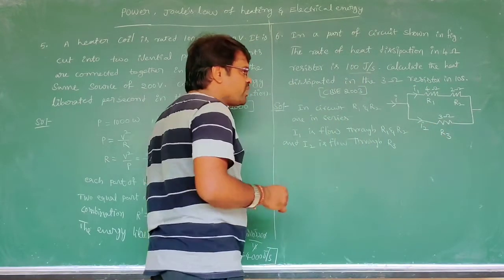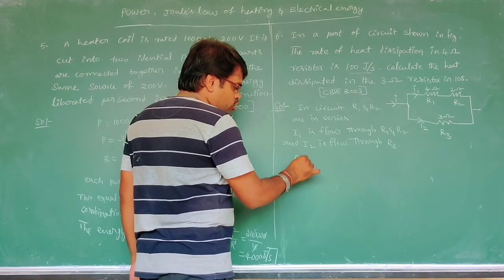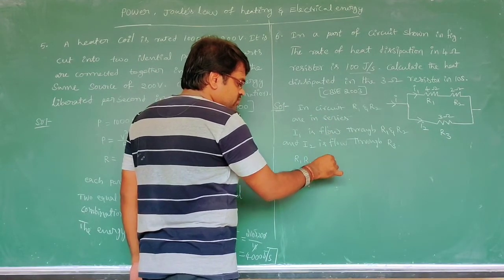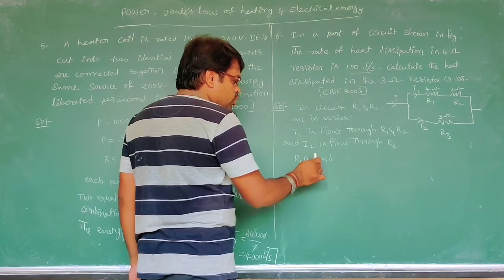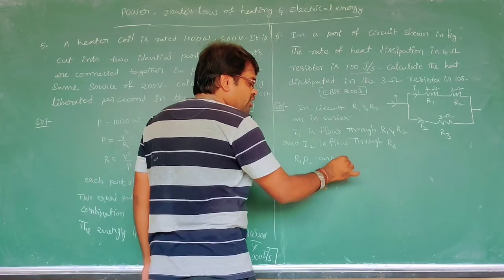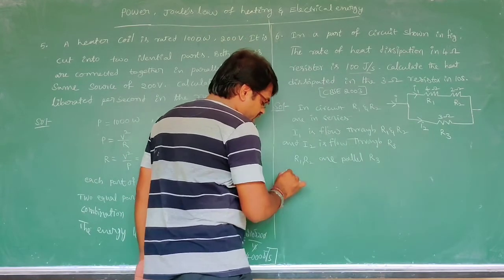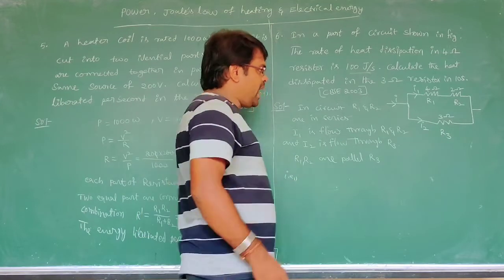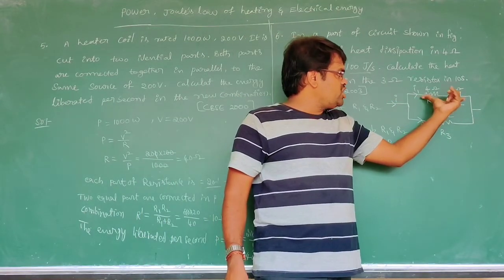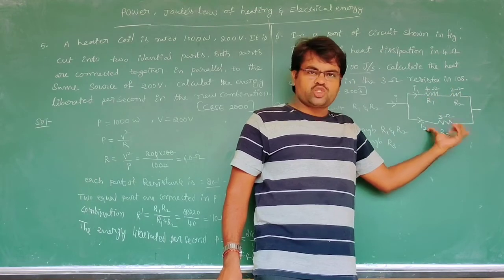But R1 and R2 are in parallel with R3. In a parallel combination, the potential difference across one branch is equal to the potential difference across the other.